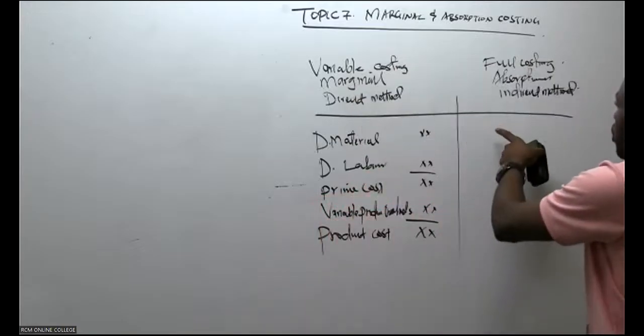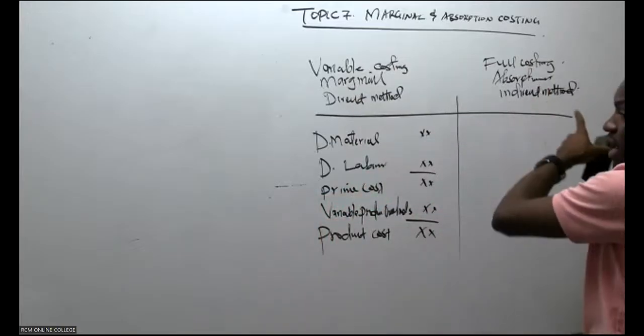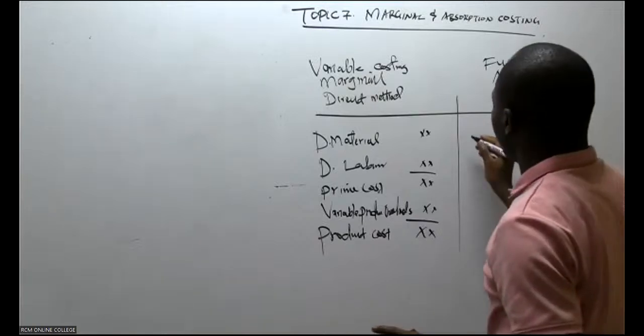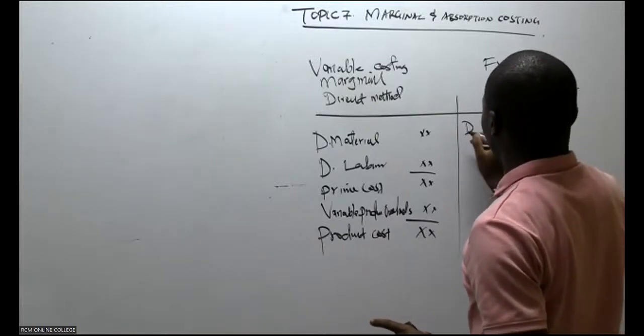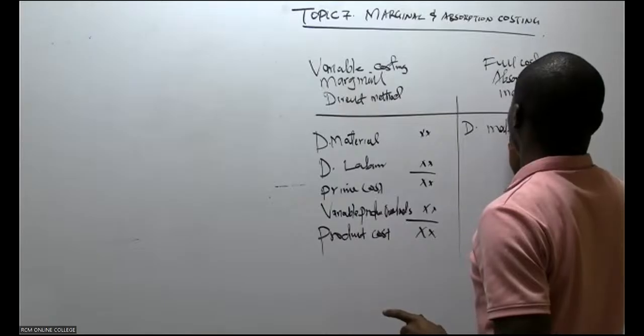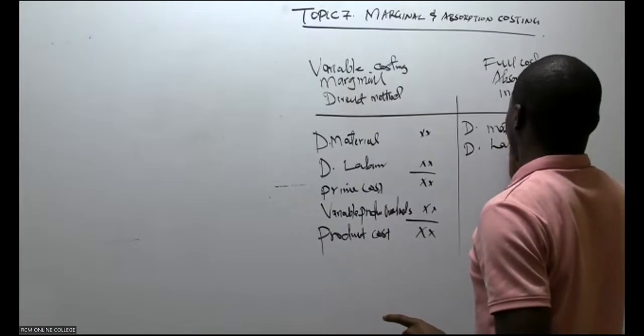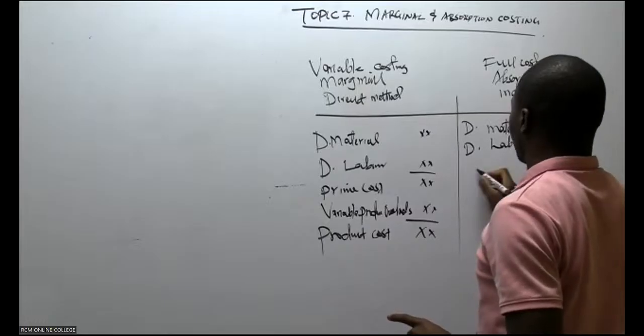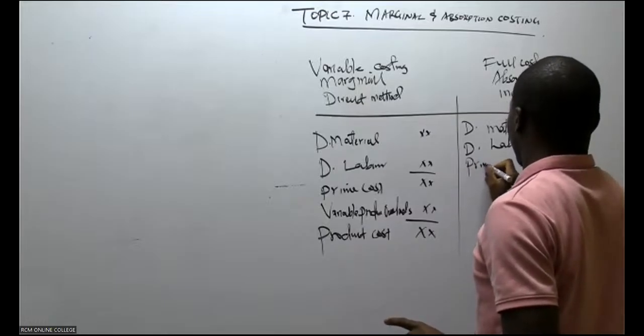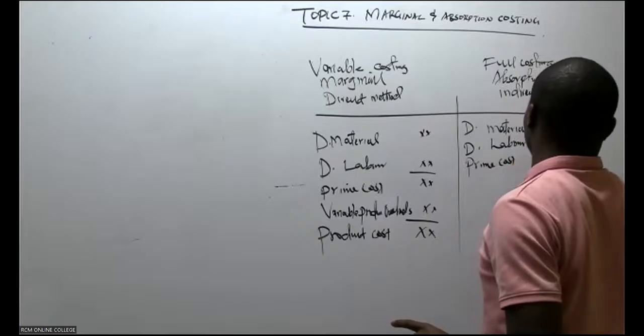When we come to absorption, full costing or the indirect method, here we get to the prime cost: direct material, direct labor, then our prime cost.